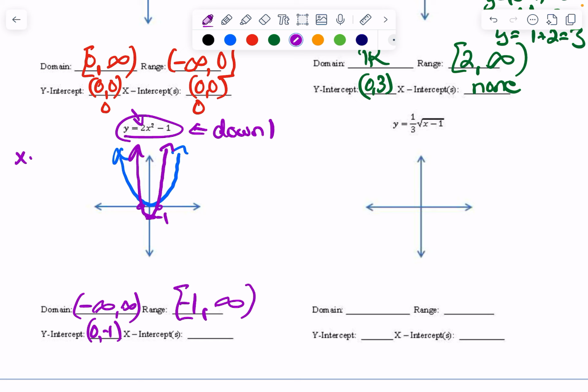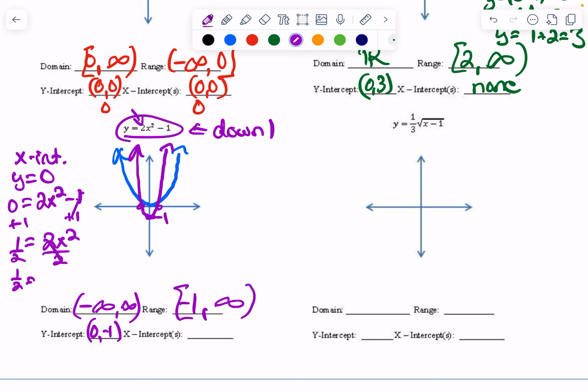So x-intercepts, that is when we plug in y equals 0. So 0 equals 2x squared minus 1. We add 1 to both sides. Now we're isolating the x on the right side, which we can totally do. We divide by 2 to get rid of these 2's. So we get 1/2 equals x squared.